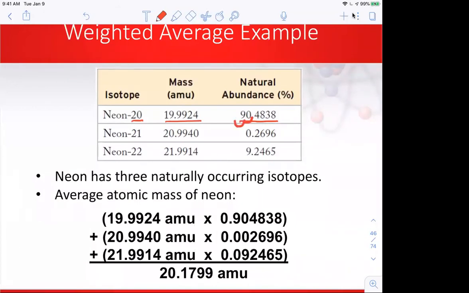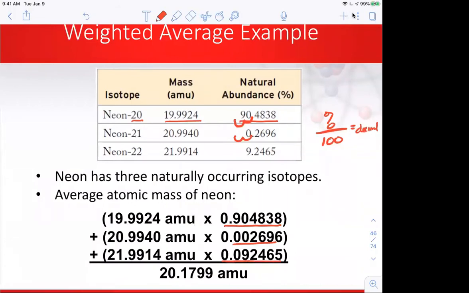I divide by 100, so I move my decimal point over by 2 units. So that's how I get 0.904838. Basically, I take the percentage and I divide by 100 to get the decimal.